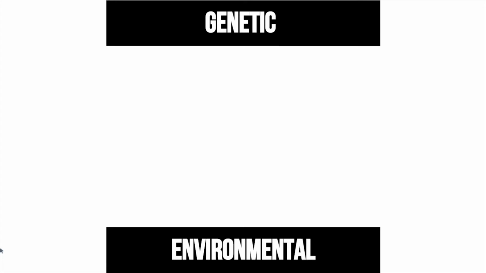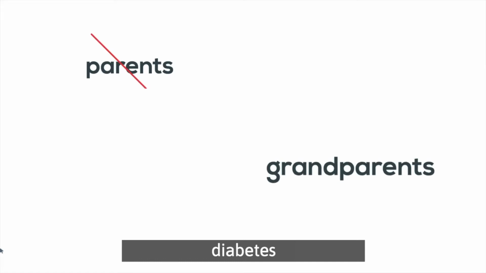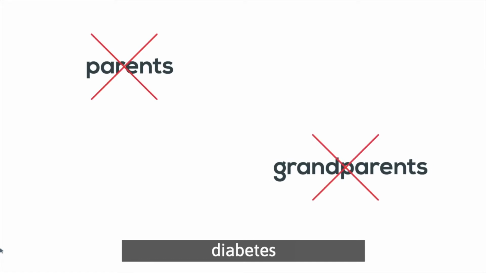Those diseases might not run in our family, but we can still develop them if our habits are not the right ones. We might develop, for example, diabetes, even if our parents or our grandparents didn't have it. But if we don't eat the right way, if we don't exercise, if we do all the things that are in the recipe to get diabetes, we will develop it.